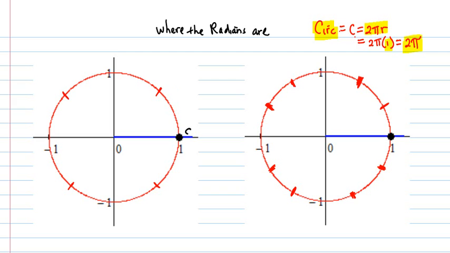So here is 0 radians. Halfway around is pi radians. All the way around back is 2 pi. In fact, any even multiple of pi terminates at the 0.